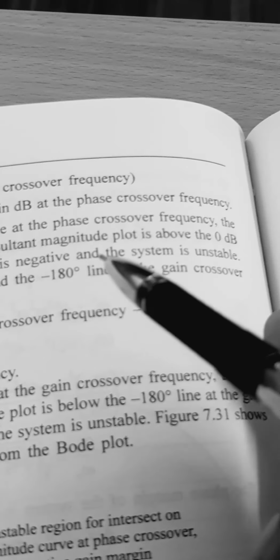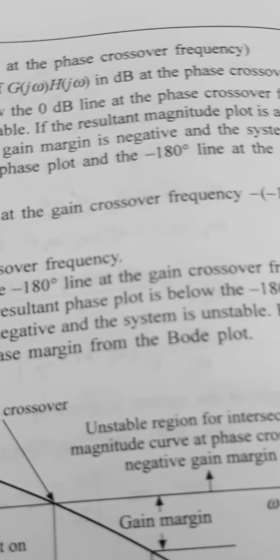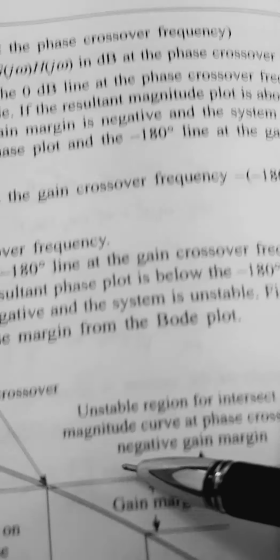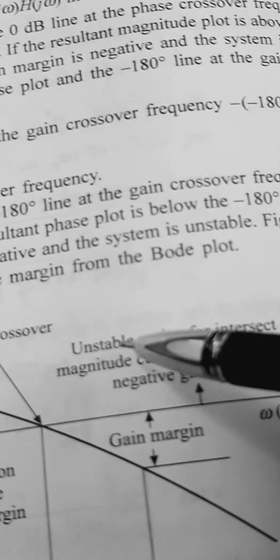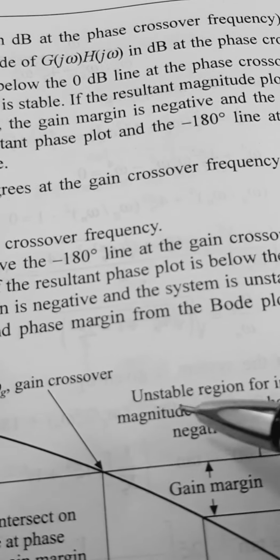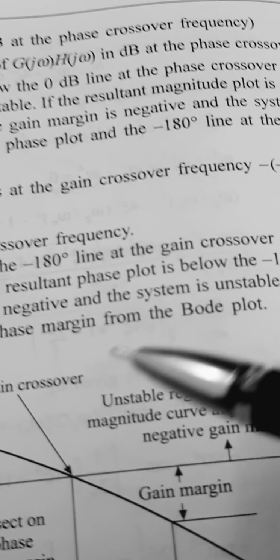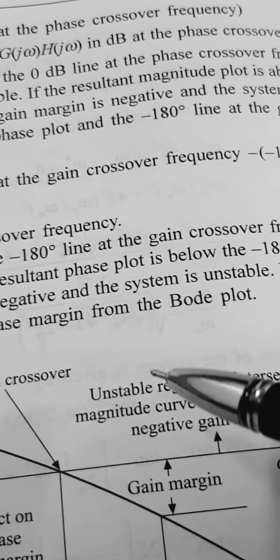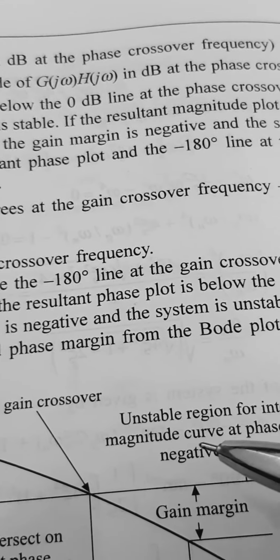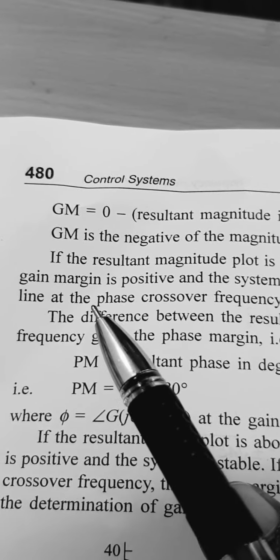If the resultant magnitude plot is above the 0 dB line, the magnitude is positive and you have to take minus of that, so the gain margin is negative and the system is unstable.